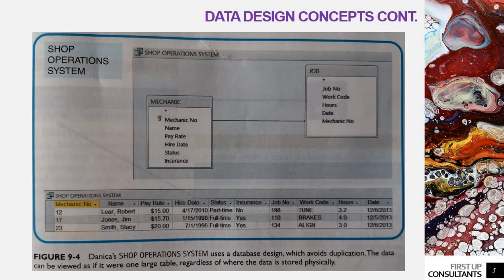So when it comes to data structures, we have the shop operation system. These are the tables. The tables hold the data about the mechanic and also the job, and you can see here that between the tables, they have a relationship. It means that if you design or develop a system with tables that are not related, with no relationship among the tables, that is not what we call data structures.